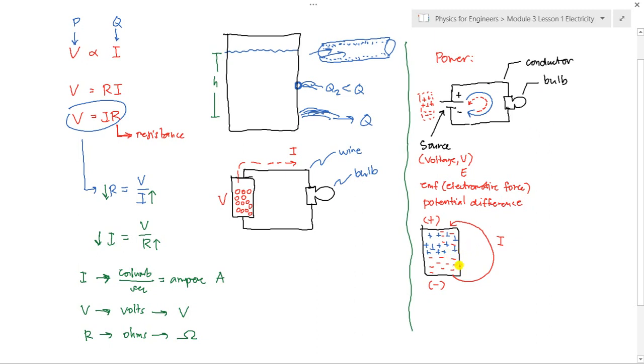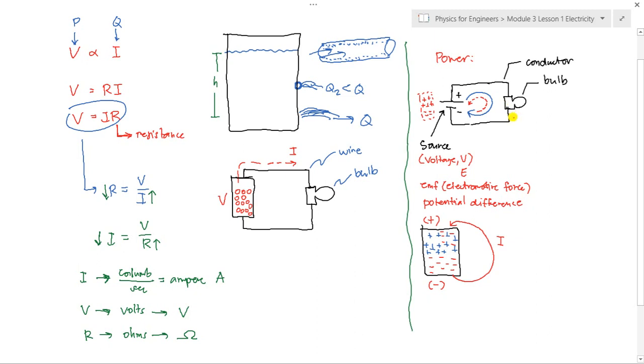So there is a transfer, meaning the bulb, which is our device, consumes electricity from the battery. Not all electrons go to the positive; some go to the bulb to be used up as energy, transformed into light and then into heat.